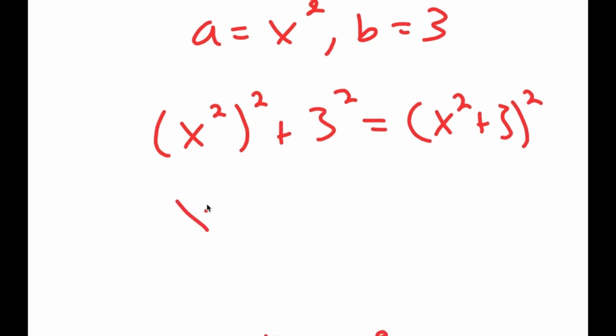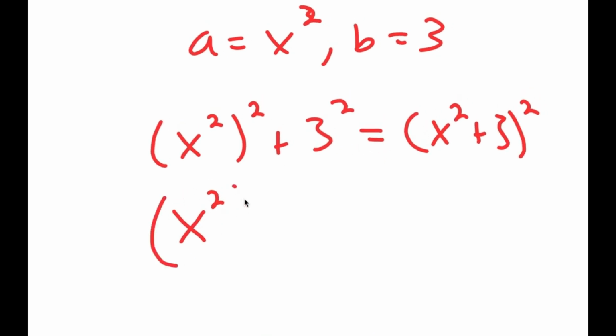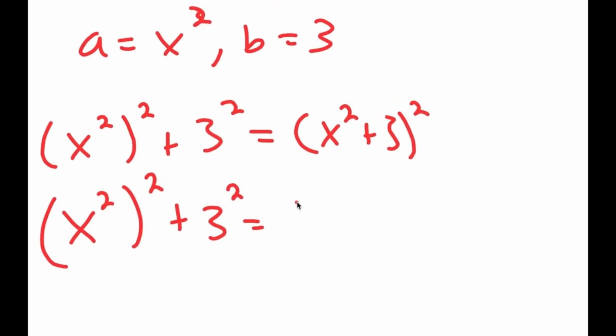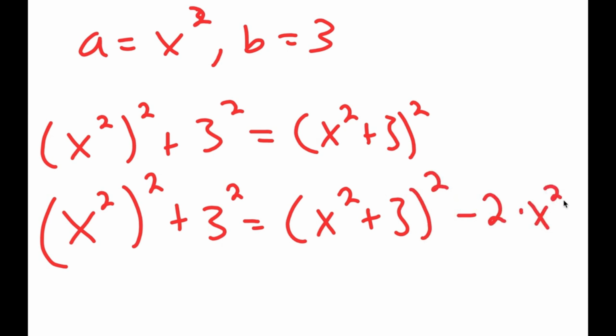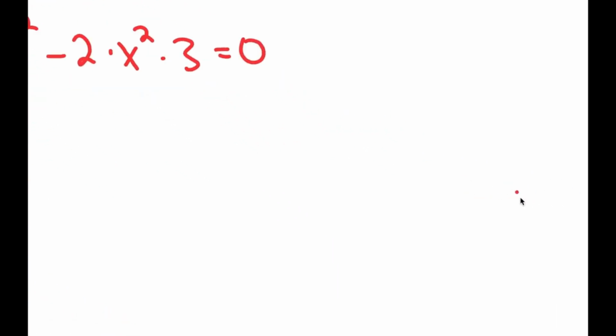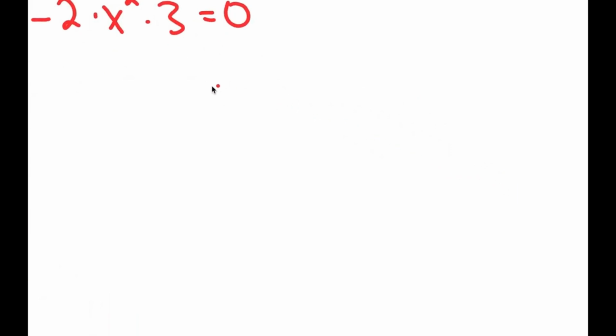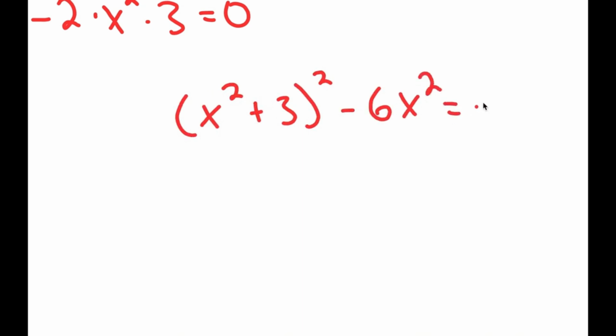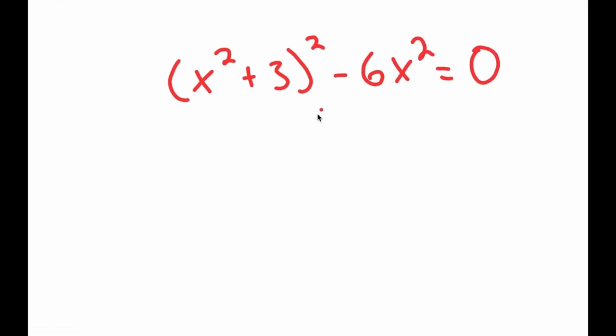And this turns into (x squared) to the power of 2 plus 3 squared is equal to (x squared plus 3) squared minus 2 times x squared times 3 is equal to 0. So now from here, I get (x squared plus 3) squared minus 6x squared is equal to 0.